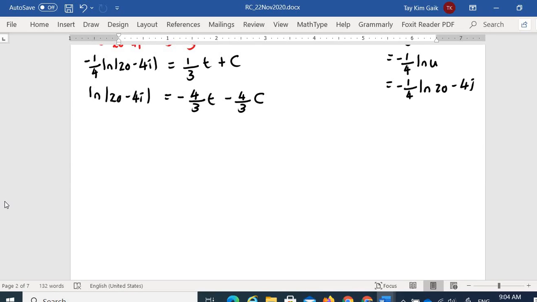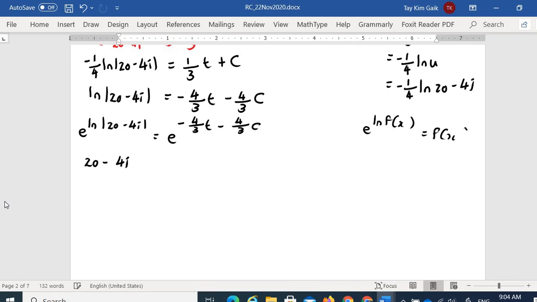Okay, and then you take the exponent of both sides. We have exponent ln(20 minus 4i) equal to exponent of negative 4 over 3 t minus 4 over 3 c. Exponent of ln gives you only 20 minus 4i, because exponent of ln f(x) gives you f(x).